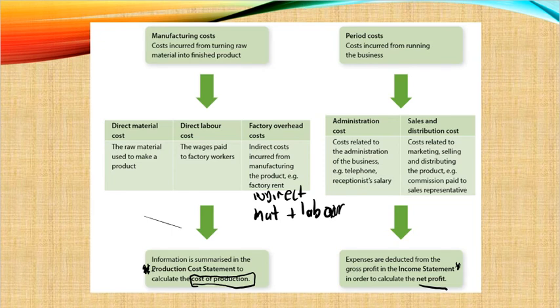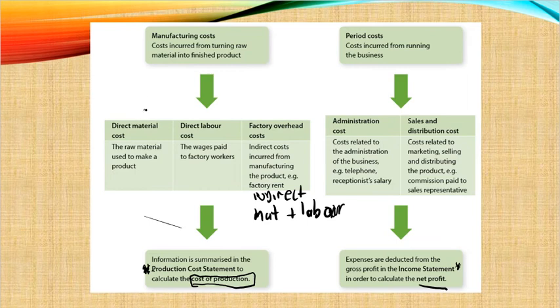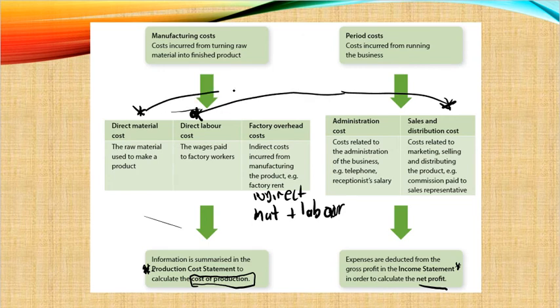Another thing to remember is that we need to categorize these costs as either a variable or a fixed cost. So for grade 12, your direct material, direct labor, and your sales and distribution costs, these are all variable costs.